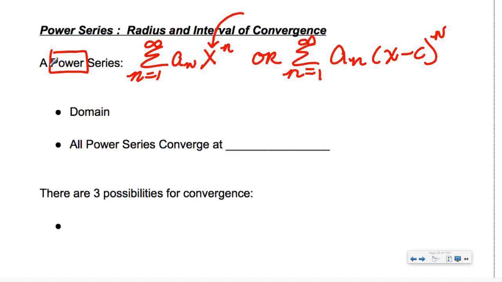Ours only had n's in them, like the harmonic, which was the sum for n goes from 1 to infinity, 1 over n. And we did n factorial over 2 to the n. And we did n squared plus 6n plus 9 over 4n. They all only had n's in them. A power series is a function of x. So that's new and that's new. I'll have you write those both down.